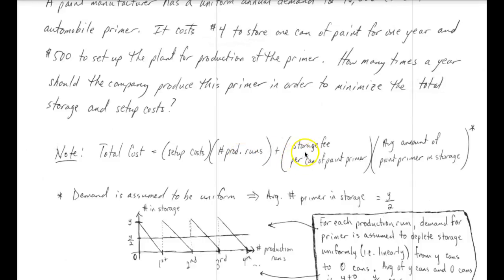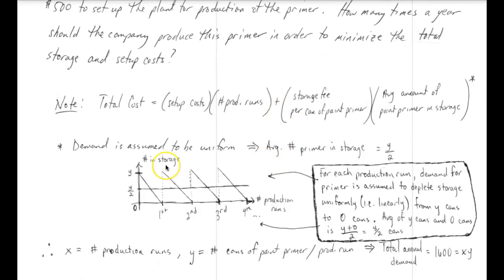And we also want to add that to the storage fee per can of paint multiplied by the average amount of paint primer in storage. And so this is where the assumptions come in. So if you haven't read your textbook, or if you haven't worked out problems like these, you need to make sure that you know these assumptions. Okay.